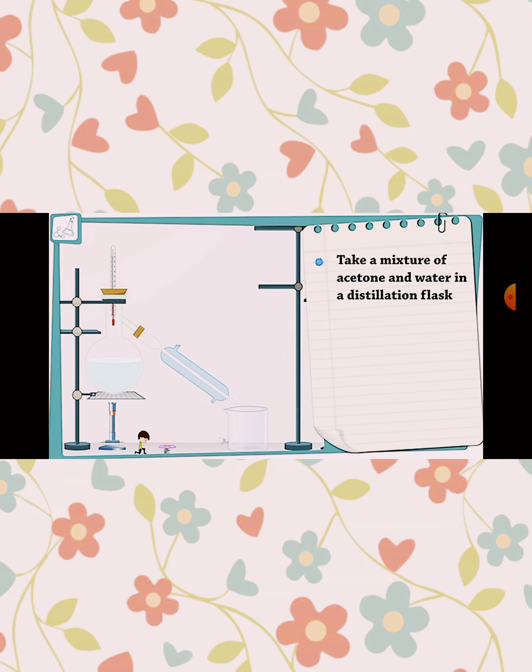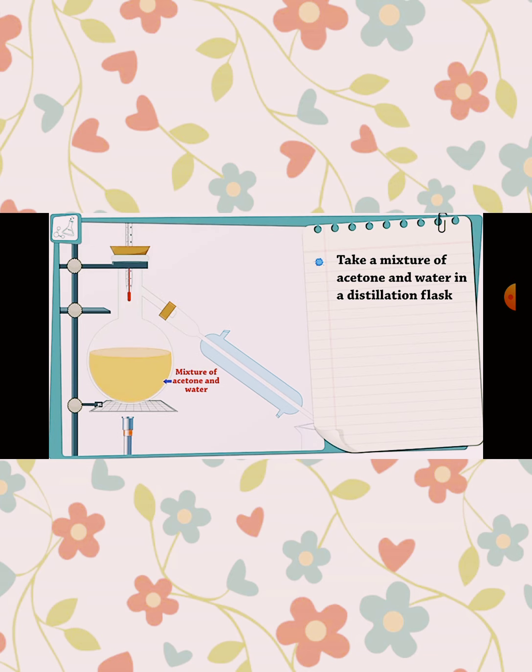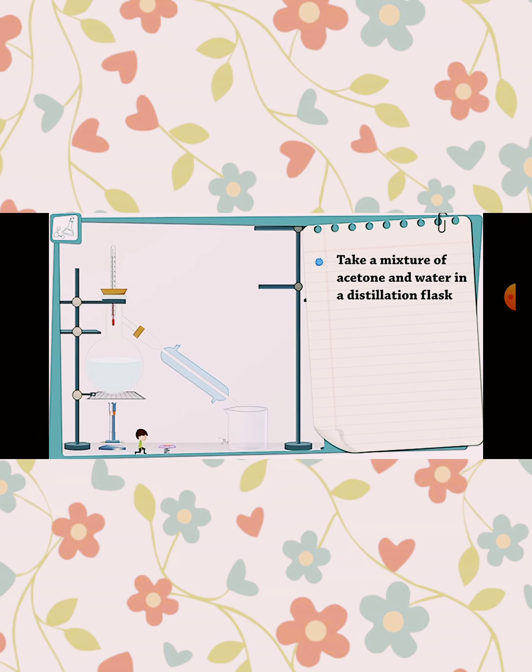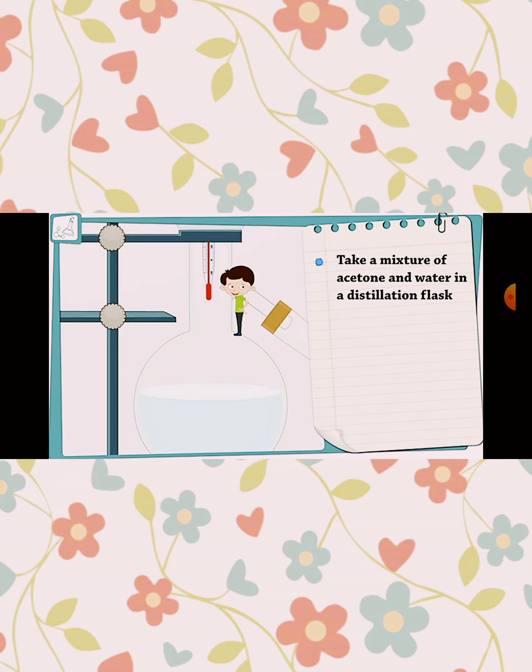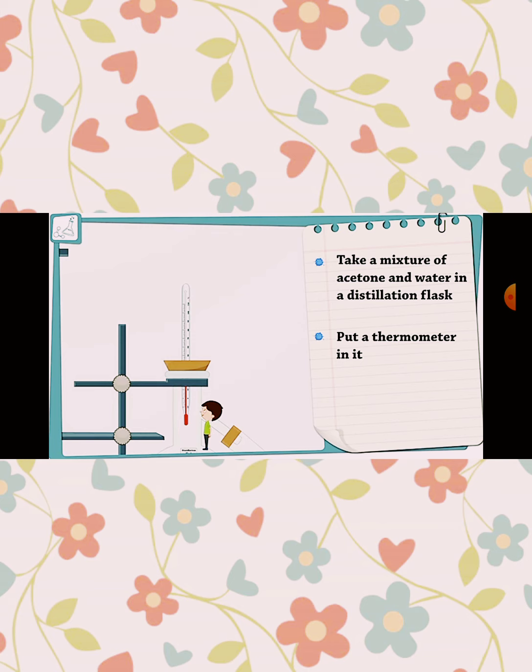Take a mixture of acetone and water in a distillation flask. Put a thermometer in it.